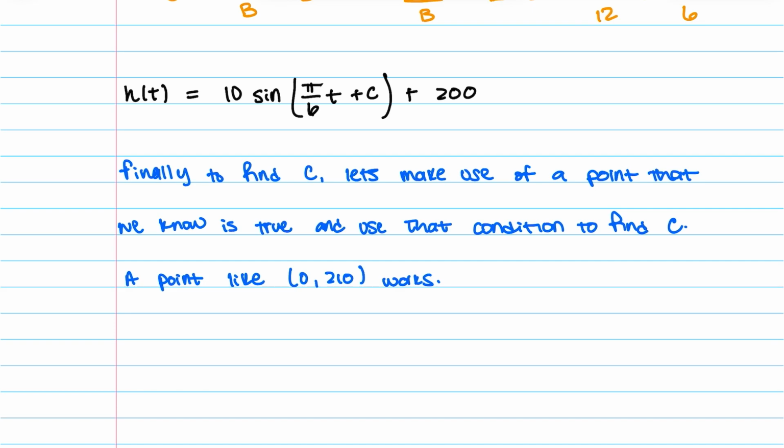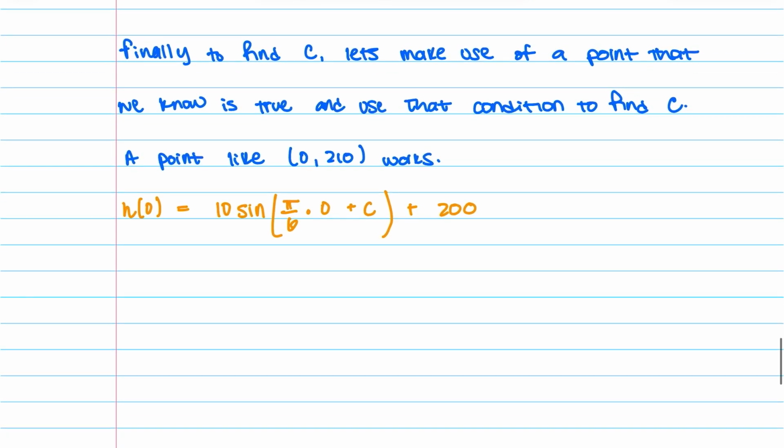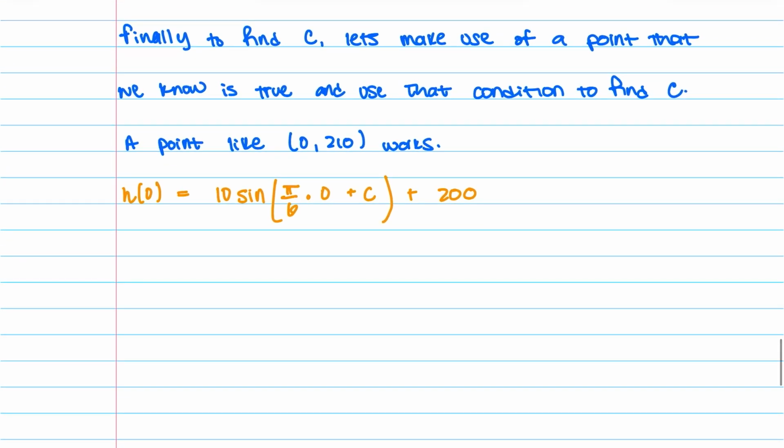The equation becomes h of 0 is equal to 10 sine of pi over 6 times t, which in our case is 0, plus c, plus 200. We know that at time is equal to 0, h of t is 210, so we can replace h of 0 with 210. We get 210 is equal to 10 sine of pi over 6 times 0, which is 0, plus c, and then plus 200.